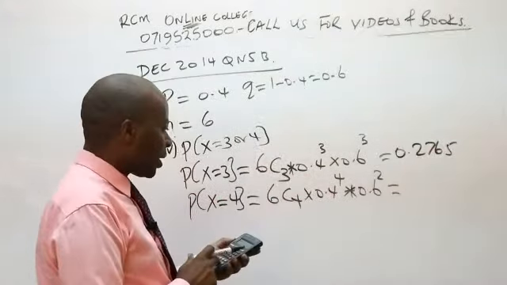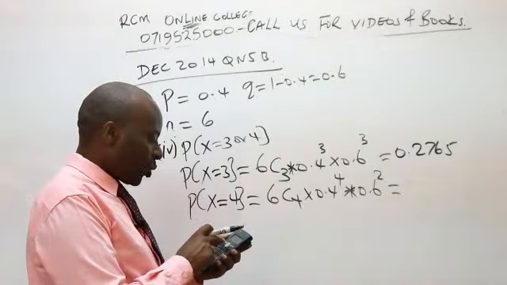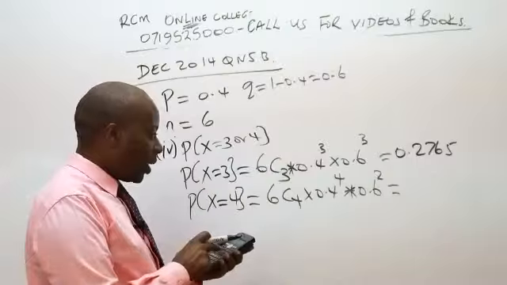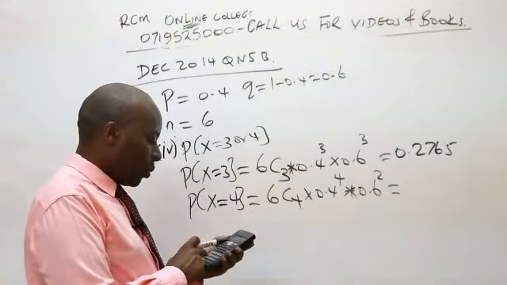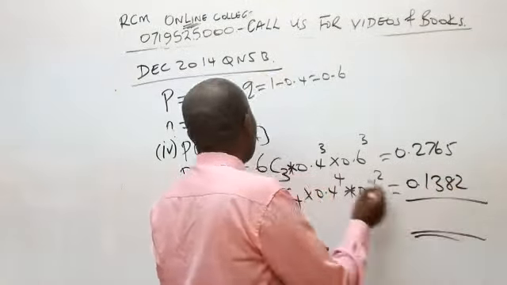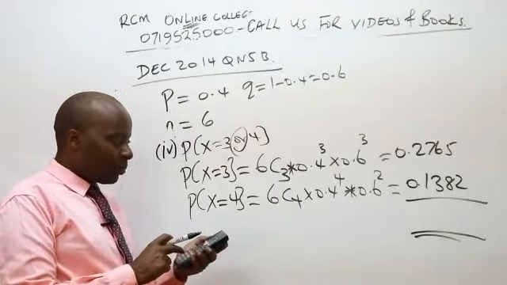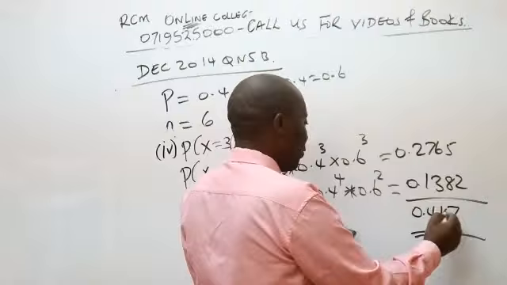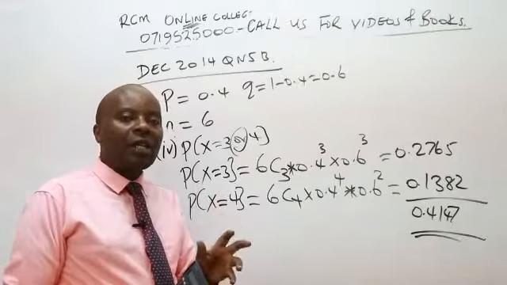And then we have 6 combinations 4 times 0.4 raised to power 4 times 0.6 raised to power 2, which gives me 0.1382. So please add the two because of the word "or": 0.1382 plus 0.2765, which gives me 0.4147.